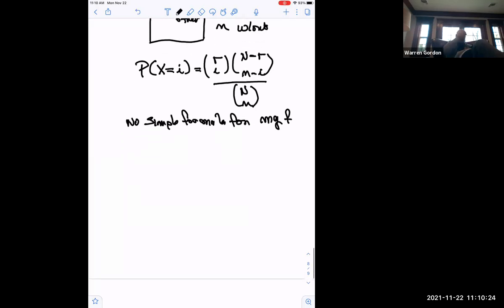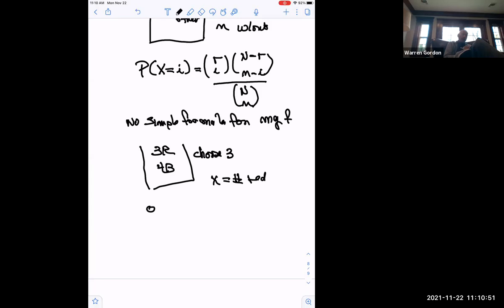For example, I just want to point out it's not simple. Okay. That is, if I look at a typical example, let's suppose I have 3 red, 4 blue. I choose 3. And X is equal to the number of red.